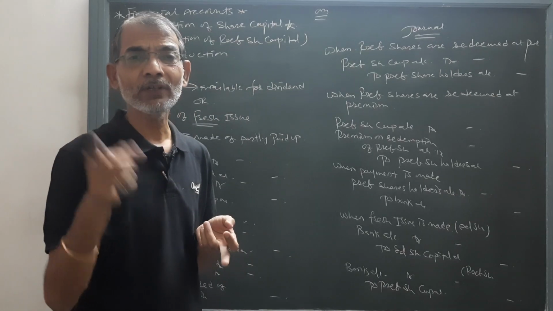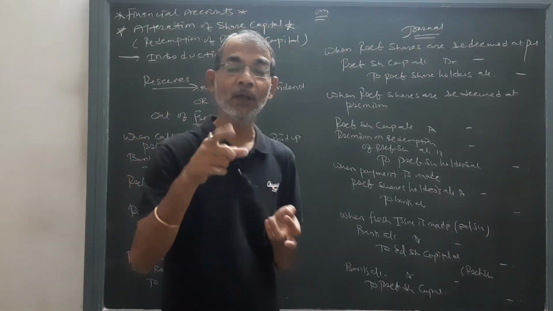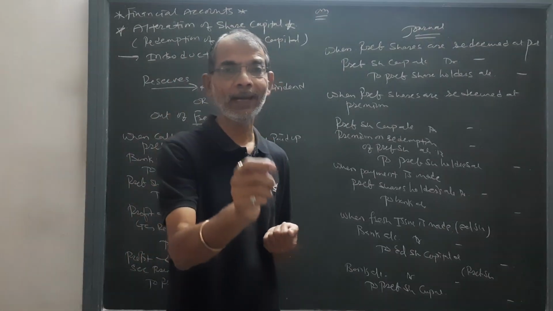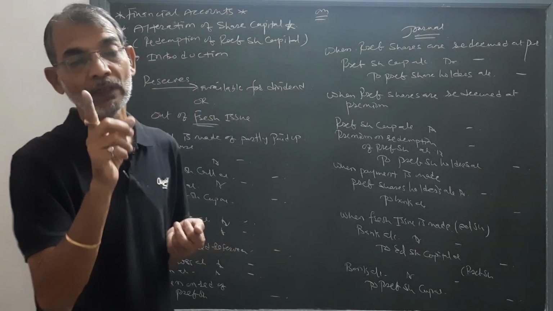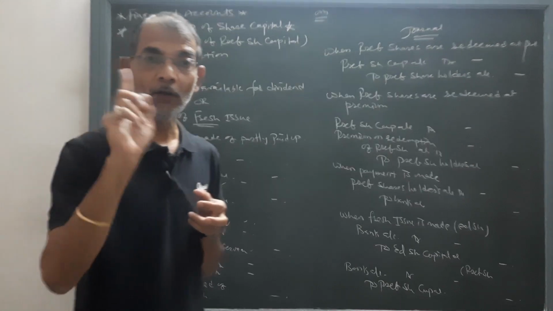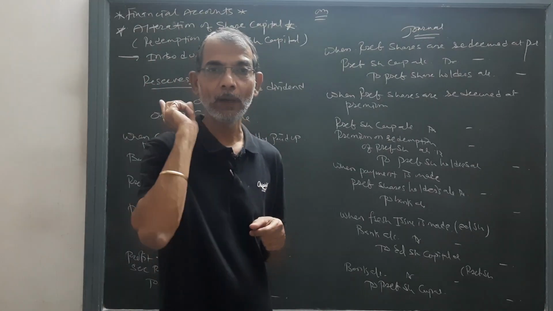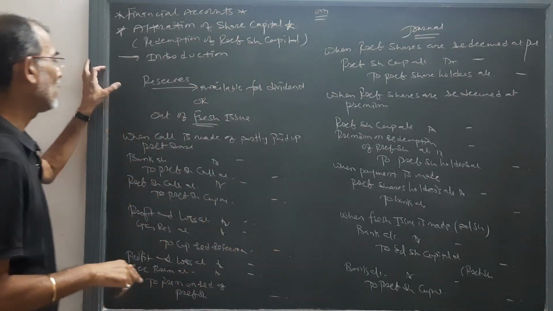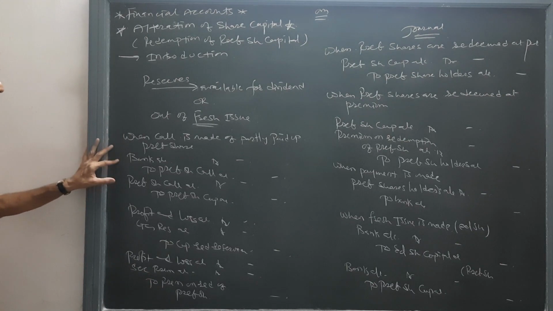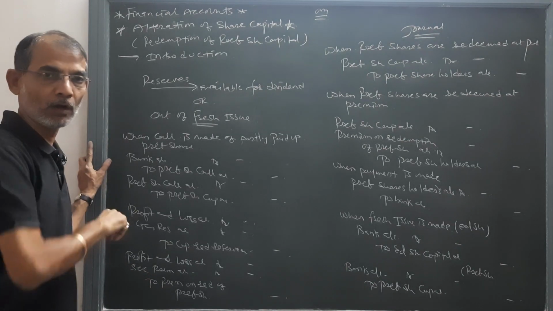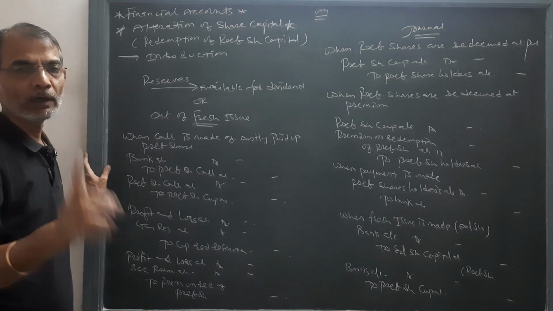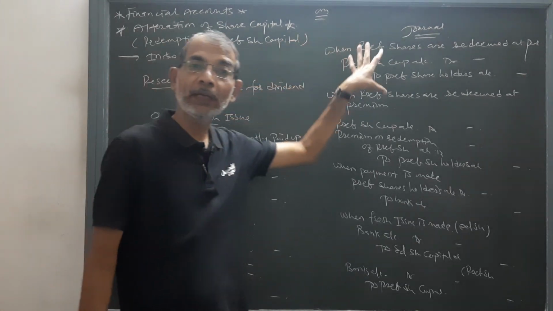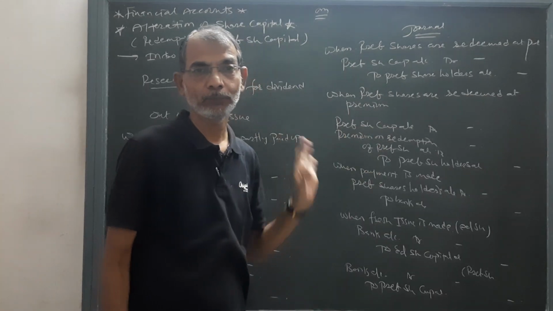If preference shares are partly paid up, then first the call is made, and only then can preference shares be redeemed. Without calling the calls in arrears, the company cannot redeem preference shares. So first the call is made: bank account debit to preference share call account, debit to preference share capital account. Then after that the company can redeem preference shares.